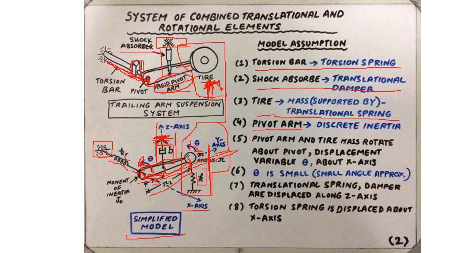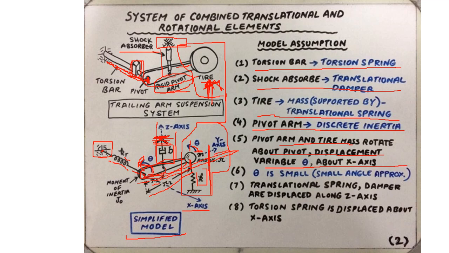The pivot arm is simply modeled as a rigid link described by the discrete inertia. The pivot arm and the tire mass, in fact the tire and the wheel assembly mass, rotate about the pivot, and this motion is a rotational motion, so we need to specify a rotational displacement variable such as theta. The axis of rotation is the x-axis.